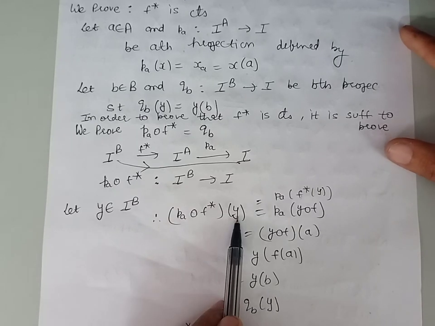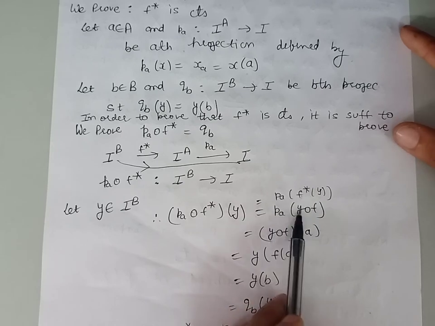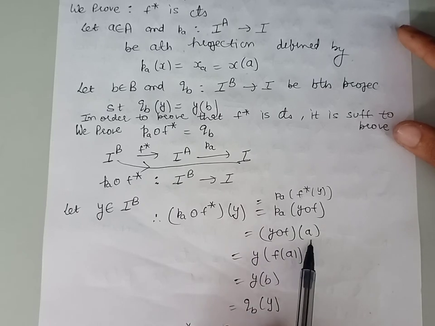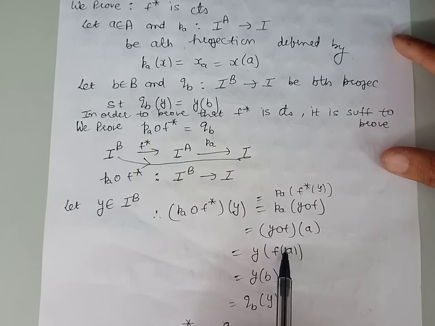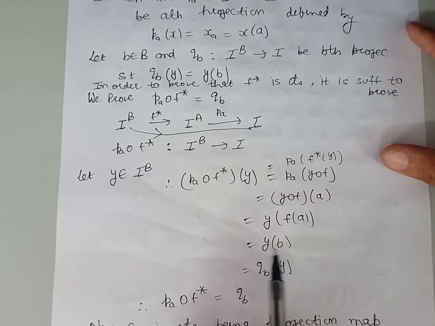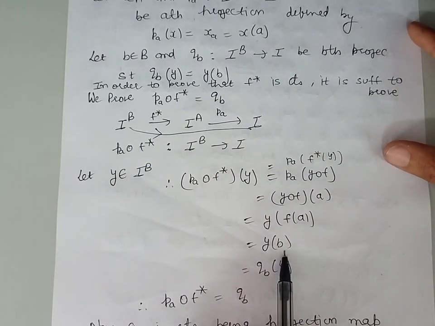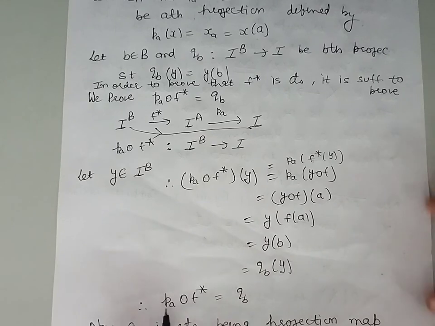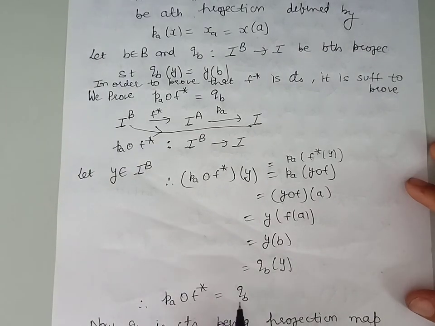Now this can be written as P_a of y∘f. By definition of the a-th projection P_a, this is y∘f of a, that is y of f of a, that is b. So we get y of b. By definition of the b-th projection Q_b, y of b is the image of y under the mapping Q_b. So this proves that the mapping P_a∘f star is equal to the b-th projection Q_b.